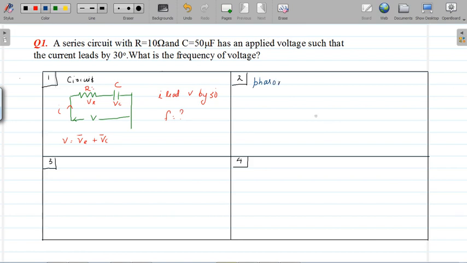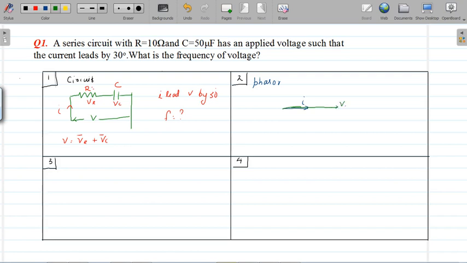For drawing the phasor diagram, since this is a series circuit, we have to keep the current as reference. Then I have to draw the voltages. For a resistance, VR will be in phase with the current, so I draw VR like this.